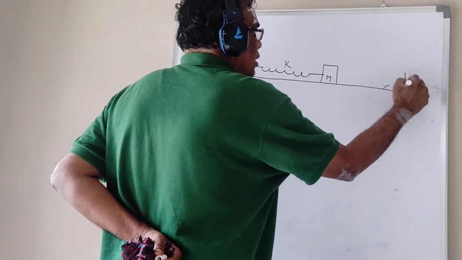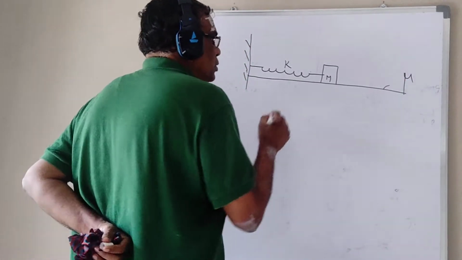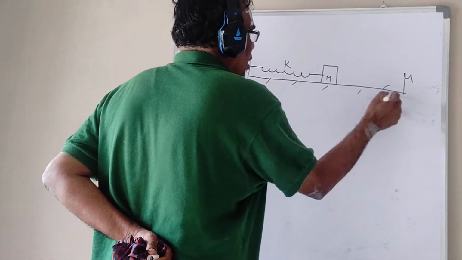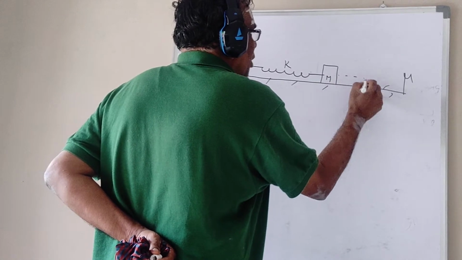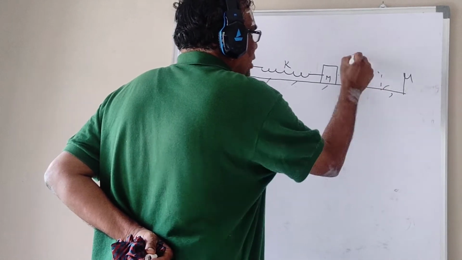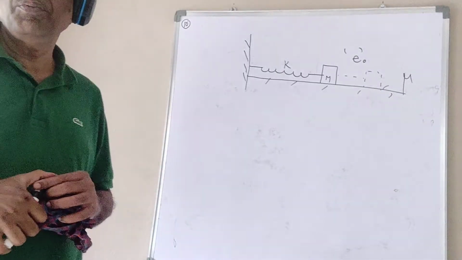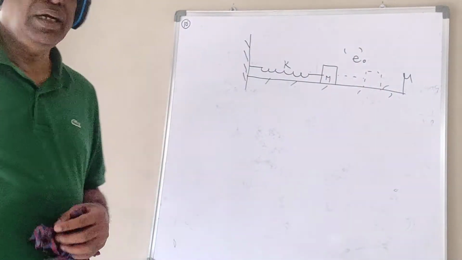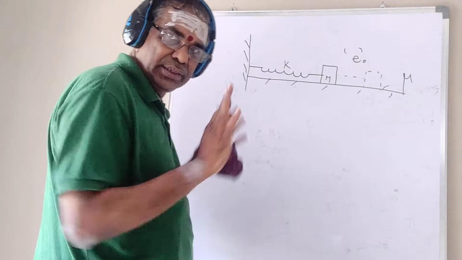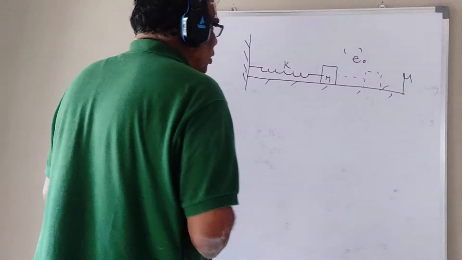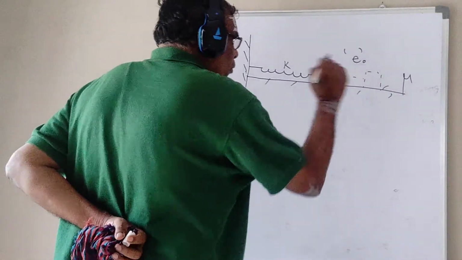And frictional coefficient is mu. There is all rough surface. I have pulled it by E naught and released. This is the thing. So, what will happen?